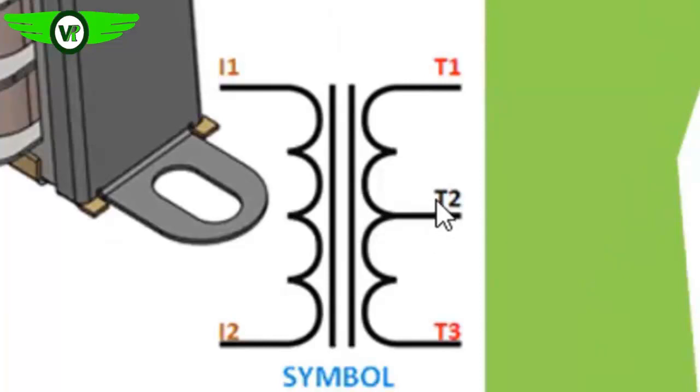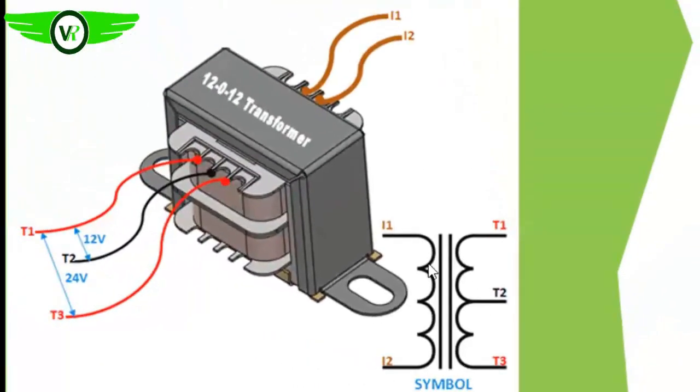So the major components in the transformer are, one, the winding, which is the active component, and then the yoke, which is this casing. Those are the major components, okay.